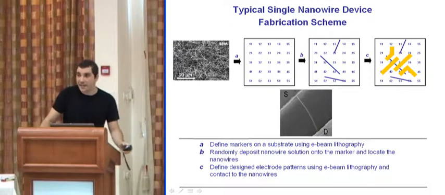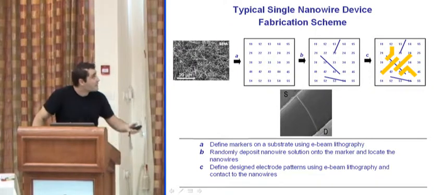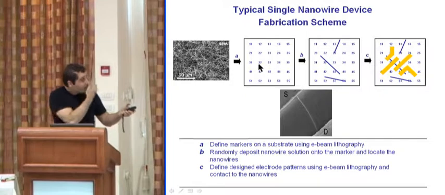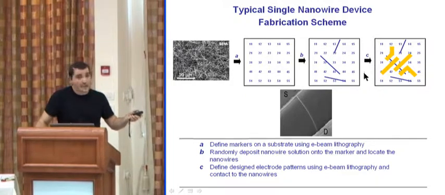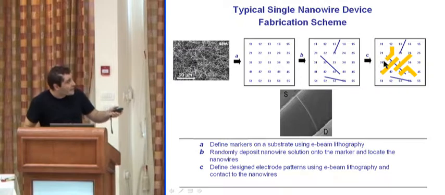People sonicate the nanowires, put them in a solution of ethanol or other alcohol, and then deposit them by drops on a surface that is pre-numbered. And then, by using E-beam lithography, electron beam lithography, they write electrode by electrode. They prepare device by device, writing electrode by electrode on nanowire by nanowire.